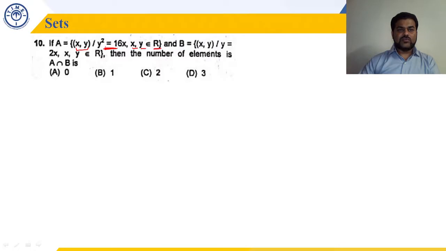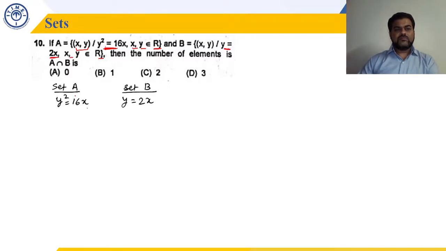This R means real numbers. And set B is also a set which contains elements in the form x comma y, and in this case y is equal to 2x. Again x and y belong to real numbers. Then they are asking to find the number of elements in set A intersection B.